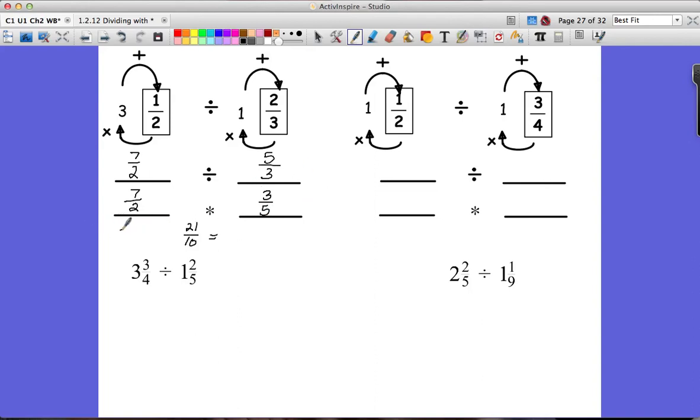I'm going to do 21 divided by 10. It goes in there twice with a remainder of 1. So I make 2 full groups with 1 piece left over and 10 in each group.